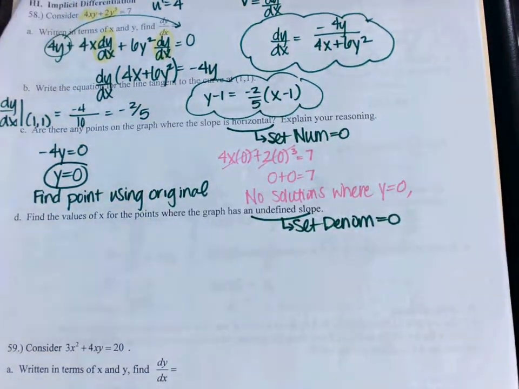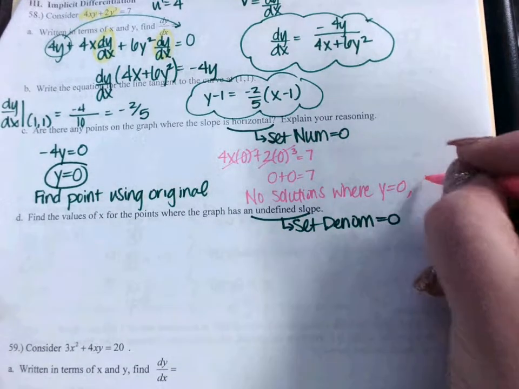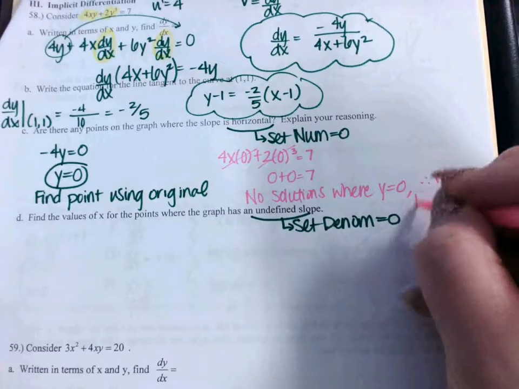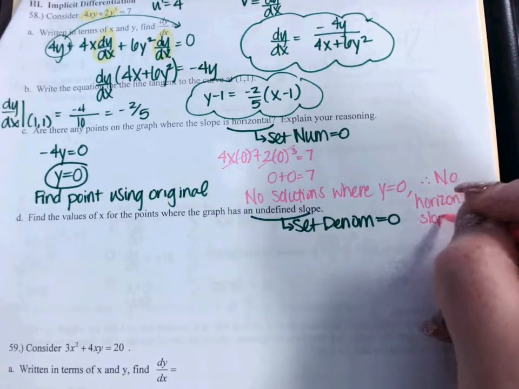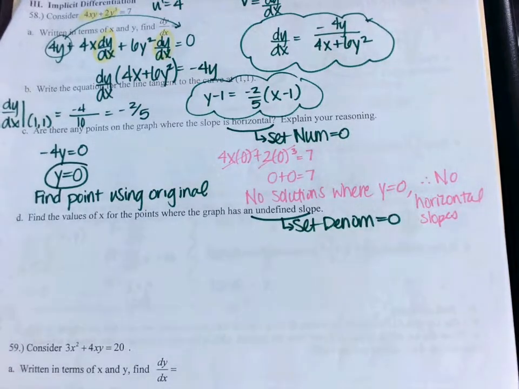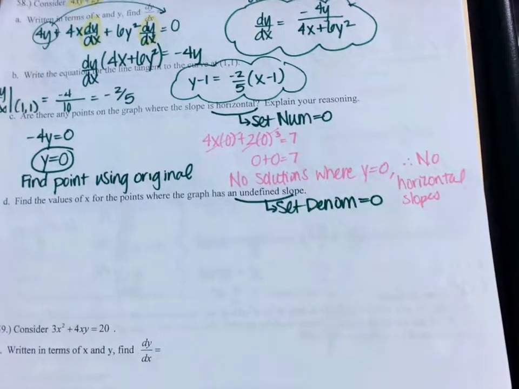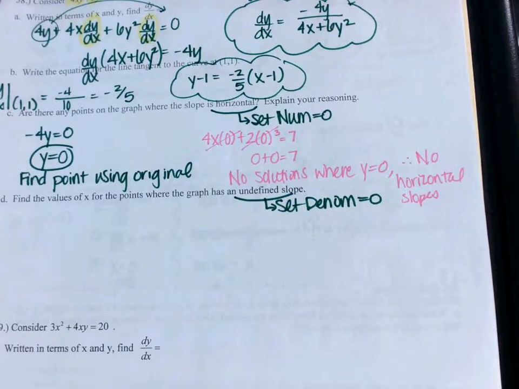And if there are no places that y is 0, then are you going to have any horizontal slopes? So no horizontal slopes. Okay, because if you get a y value, there has to also be an x that goes with that, and that's the problem.